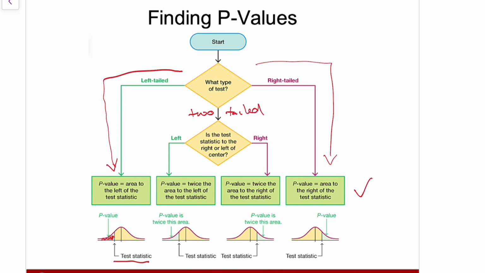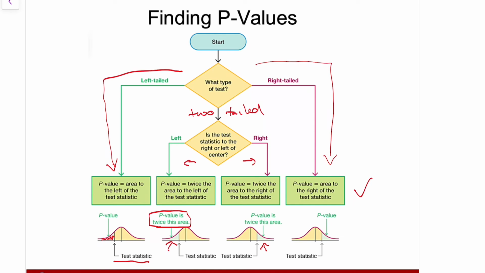If I have a two-tailed test, I will look to where my test statistic falls. It could fall to the left of center, right here, or to the right of center. If it falls to the left of center, what we're going to do is look at twice the area that we have. If it falls to the right of center, I'm going to look at twice the area we have.